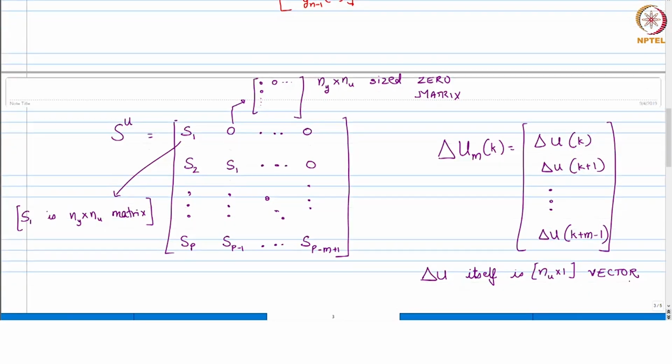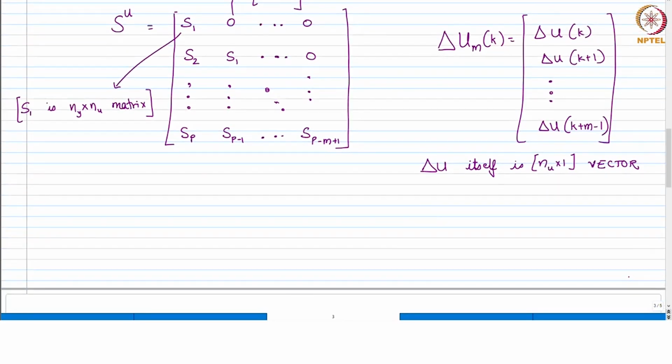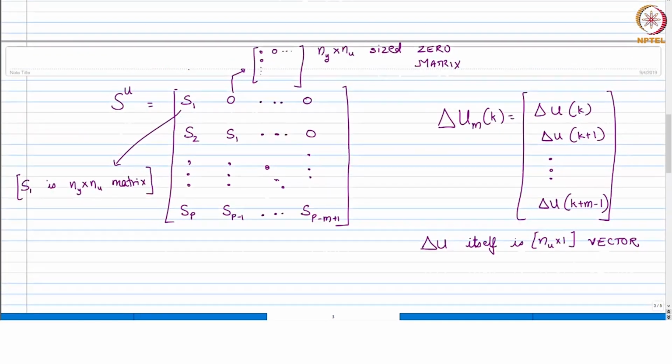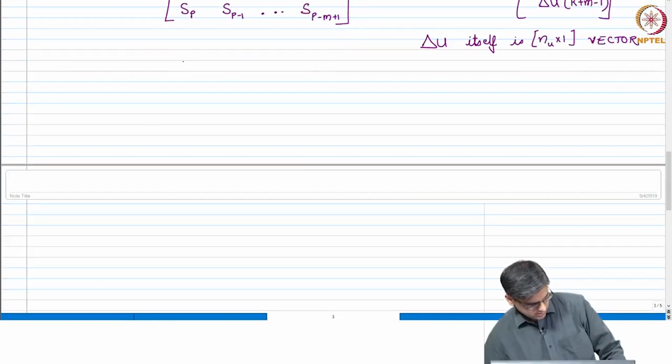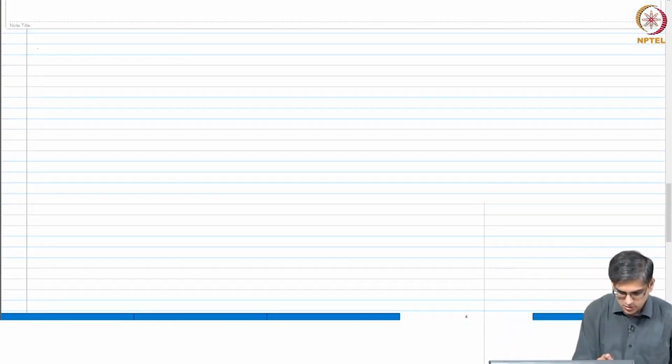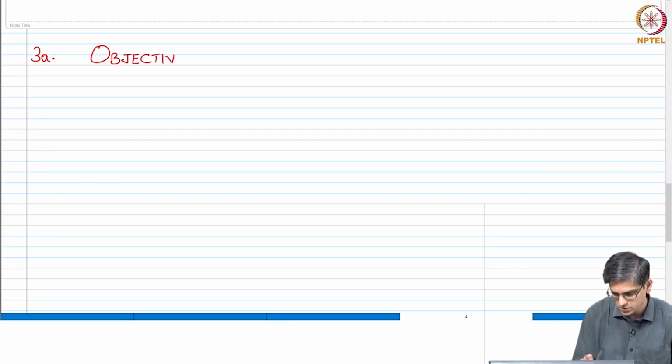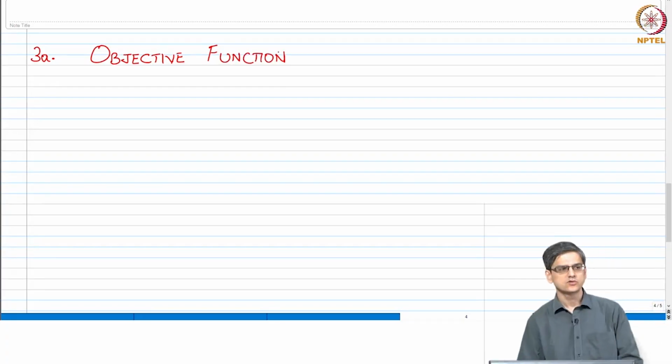Okay. The next thing that we said is that we need to talk about, so second item was multi-step prediction. Third item is, let me call it third item A, objective function. Okay.